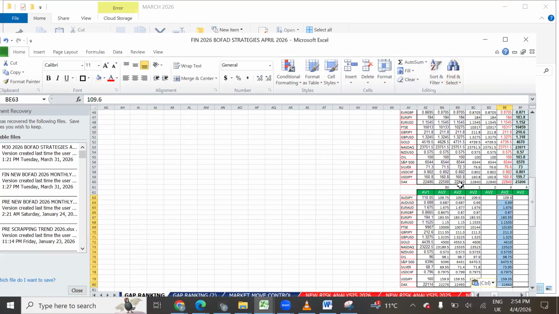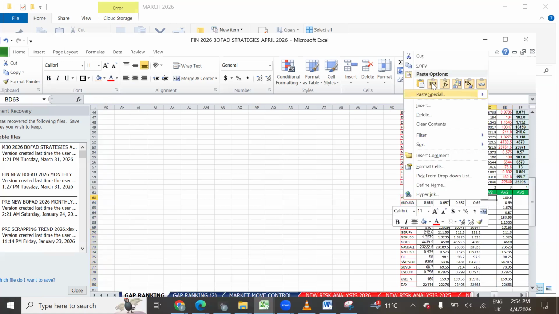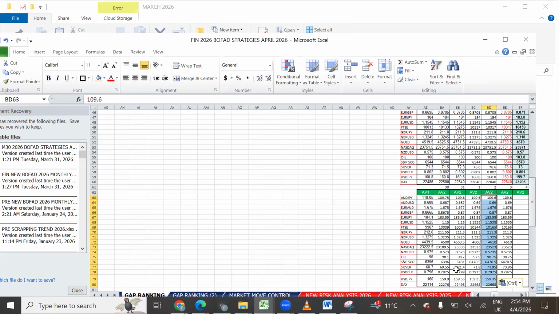So I need to go and get the report for the second. Although I don't think there's much change. So let me just paste the same as second, but I don't think there's much change on it actually.